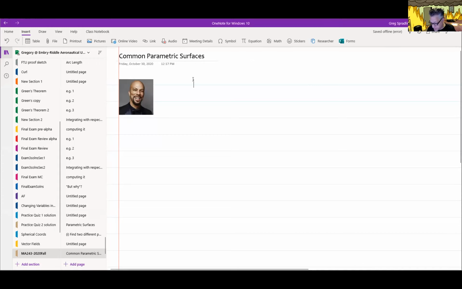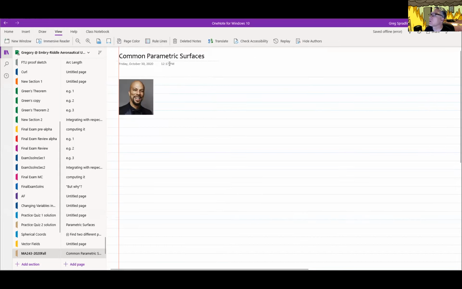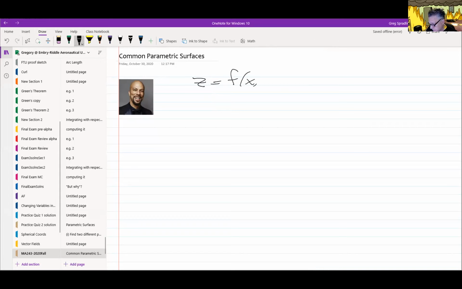Now, the simplest type of surface, and it's an important kind of surface, is where z is a function of x and y, or maybe y is a function of x and z, and so forth. And here, x goes from one number to another, and so does y.